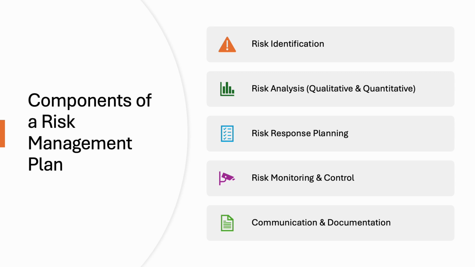These analyses help the team focus resources on high priority items such as preventing system downtime or securing sensitive information. According to PMI, both types of analysis ensure a balanced view between subjective expert judgment and data-driven decision making.